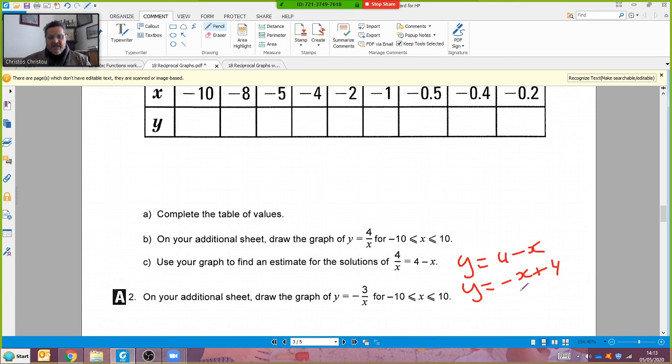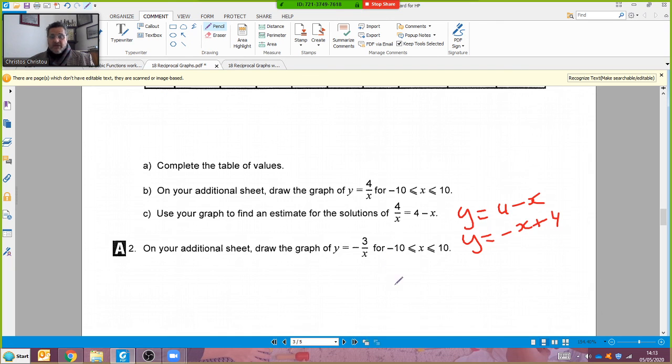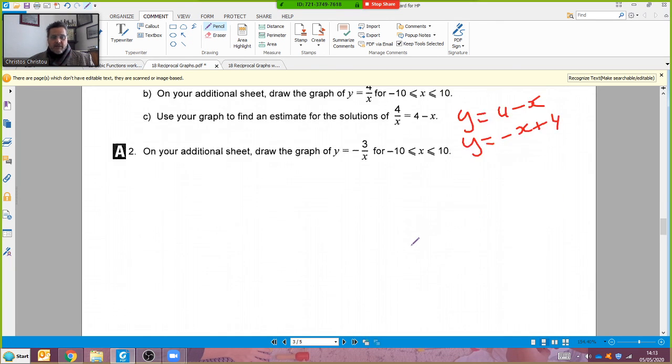Just make a couple of values, just 2, and then you get a lovely straight line. In fact, you should do a third one, because if you've made no mistake, it will be a straight line. If one of those 3 points is out of line with the other 2, then maybe one of those points is wrong. So you can self-check. Then they set you another question. Draw this one. Oh, lovely.